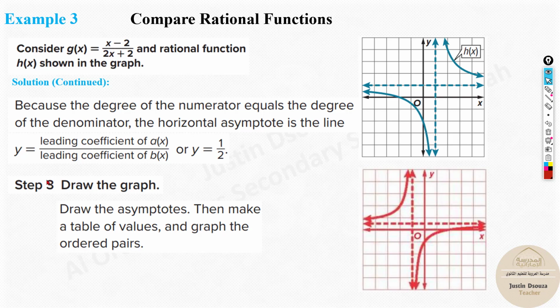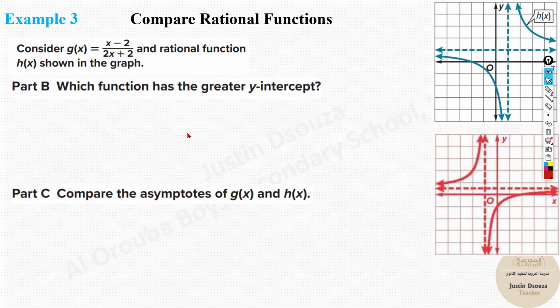Now the most important things are part B and part C, that is to compare. They have told over here compare, right? This type of problem is about comparing. Which function has greater y-intercept? What is y-intercept? When x is 0, that is the y-intercept value. Over here you can see the top of the graph does not touch the y-axis, so it's only the bottom, right? Here it's minus 2. What about here?